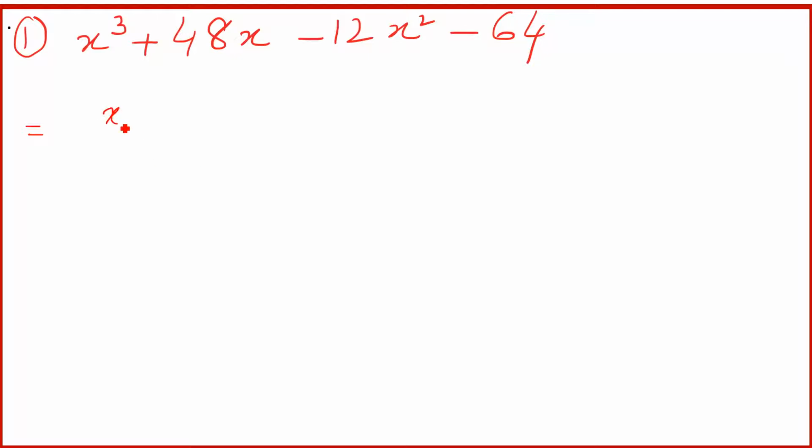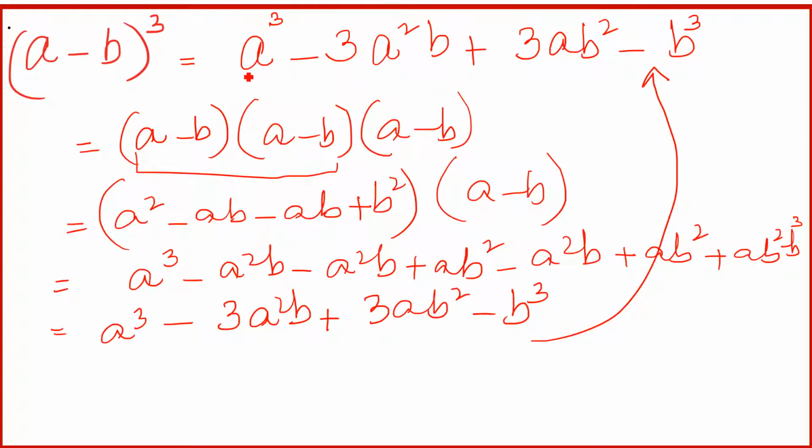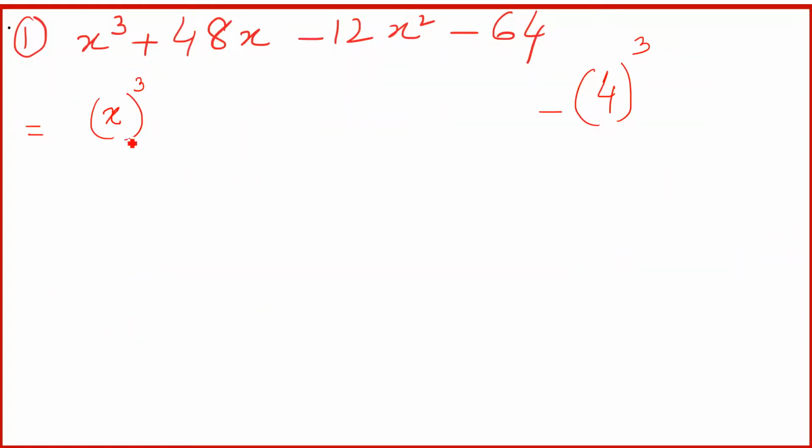So yes, this is the cube of x, and this is the cube of 4. And one more thing, these are mentioned in the question. You have to find out that this is the cube of what. So I will show you a very easy way.